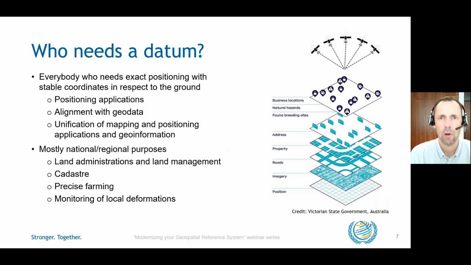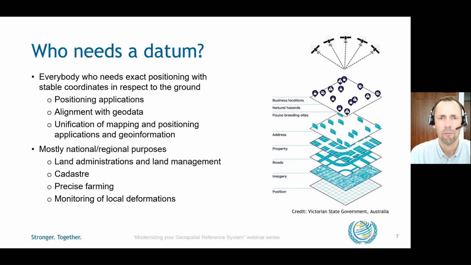Everybody who needs to accurately define the position of features or align geospatial datasets needs a datum. For example, as shown for the datasets on the right-hand side, decisions such as where a new hospital should be built are dependent on information about all these datasets, including addresses, population distribution, topography, road networks, etc. This can only be done when all these geospatial data are referenced to the same datum.